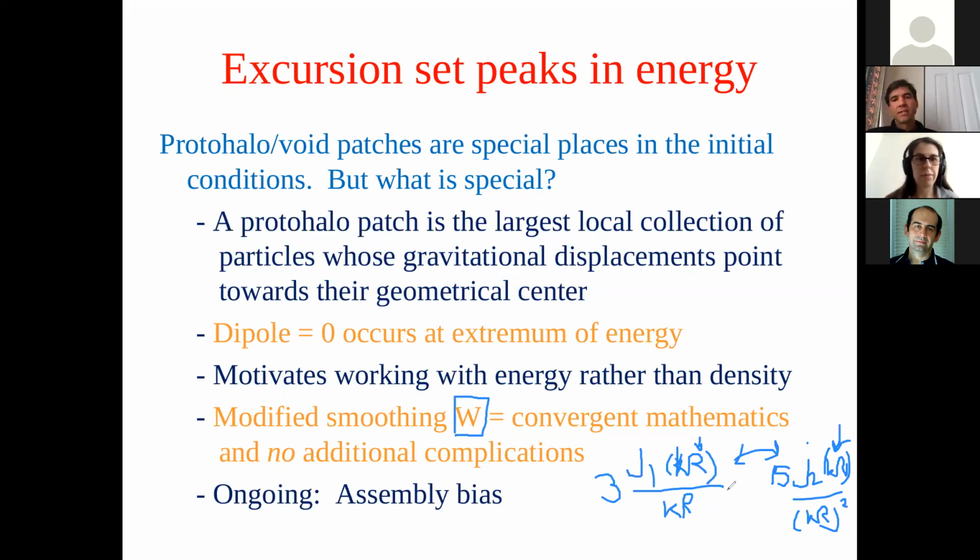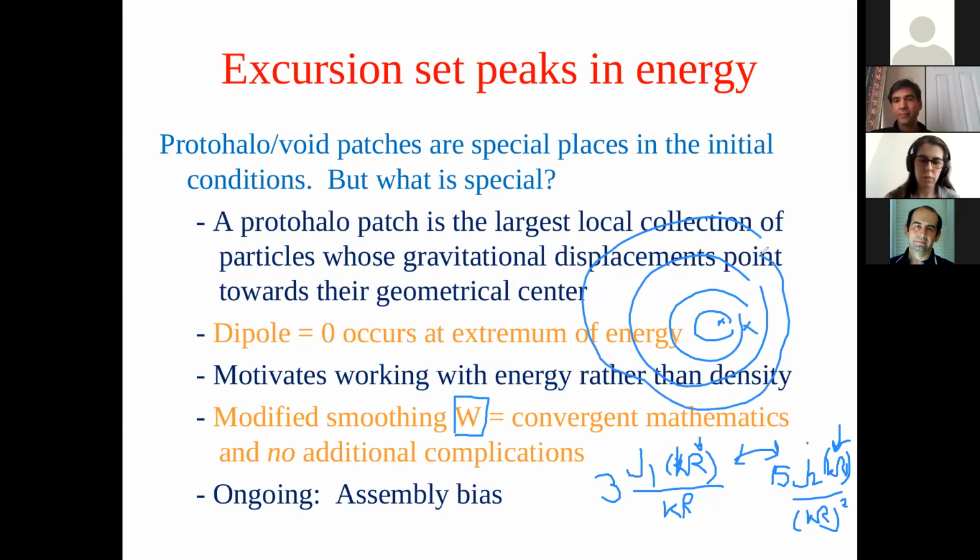My main concern with what they were doing was that, unless it was modified, but earlier versions of their stuff was, when you play the excursion set game, you choose random positions in space and you draw smoothing filters and you calculate stuff inside as a function of smoothing radius. But you make the statistics of every single position in space, okay?